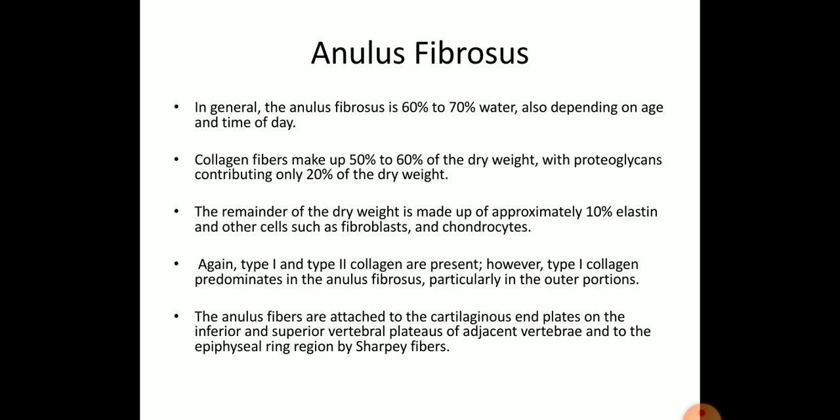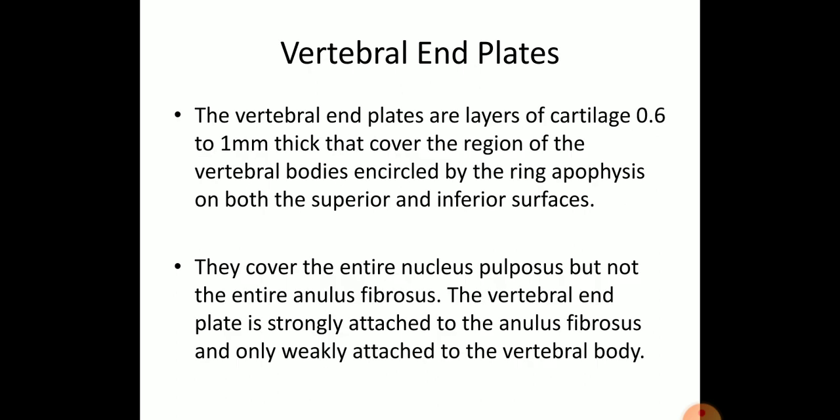This central structure is surrounded by the annulus fibrosus. The annulus fibrosus attaches to each vertebra with the help of the vertebral end plates, which are cartilaginous-like structures. So the annulus fibrosus will attach to these vertebral end plates or to the adjacent epiphyseal ring region.